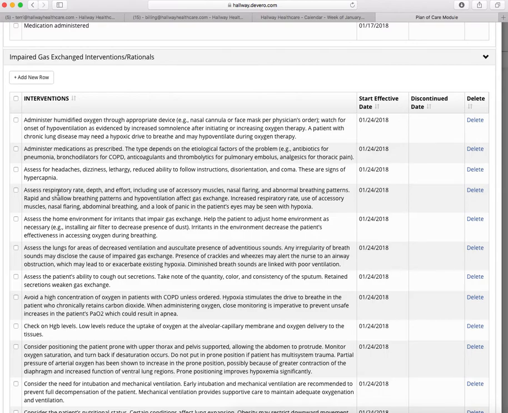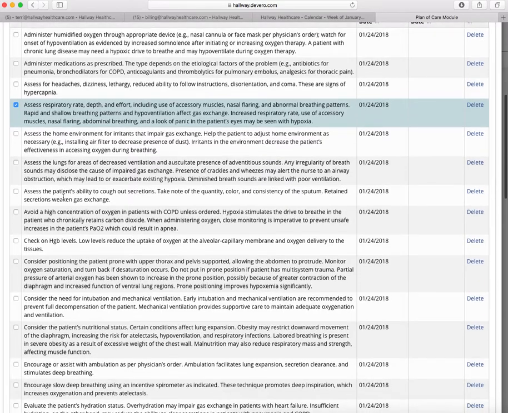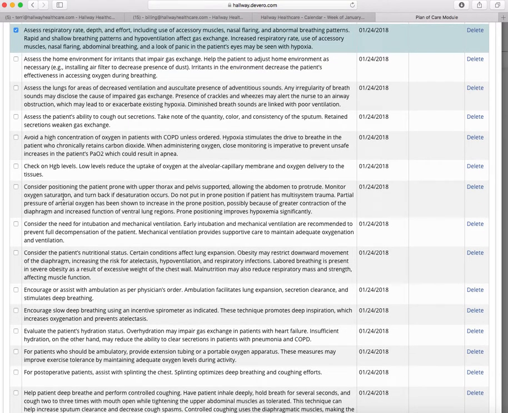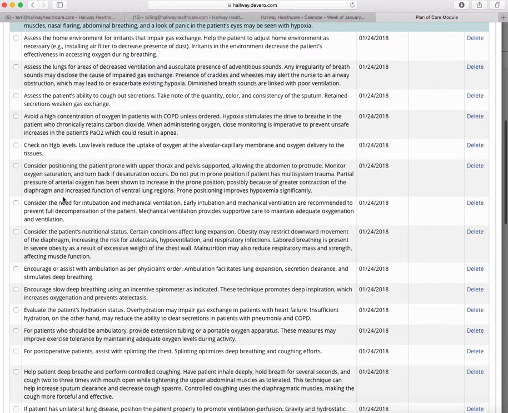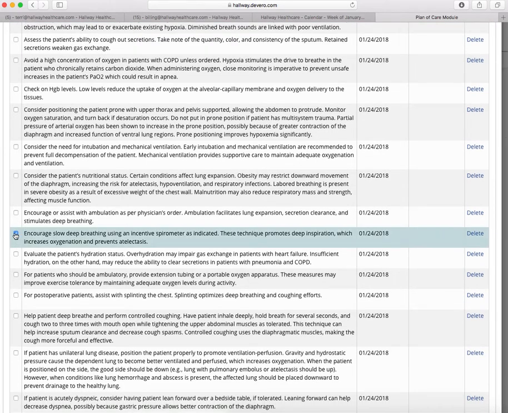So I definitely want to say that I assessed his respiratory rate and depth and his effort and his nasal flaring, because I absolutely did. Then I want to say that I considered positioning of patient prone. That's a good one. Actually, I like this one better. Encourage slow, deep breathing, use an incentive spirometer. Okay, yep, I did do that.